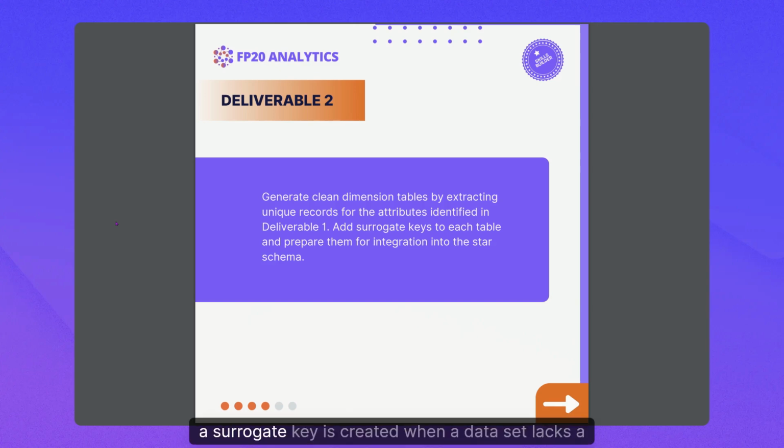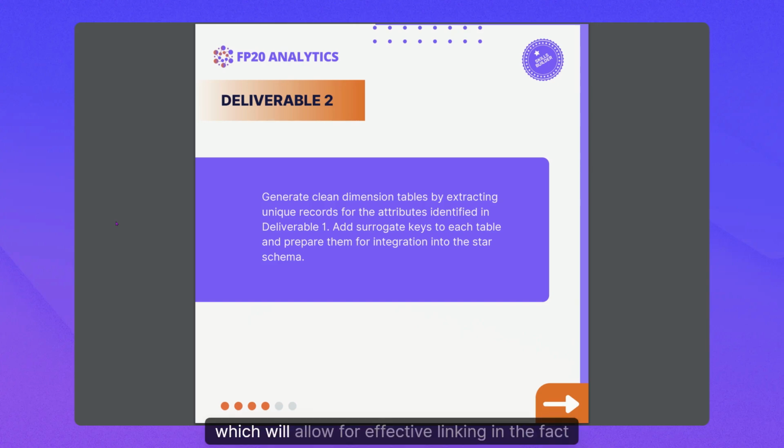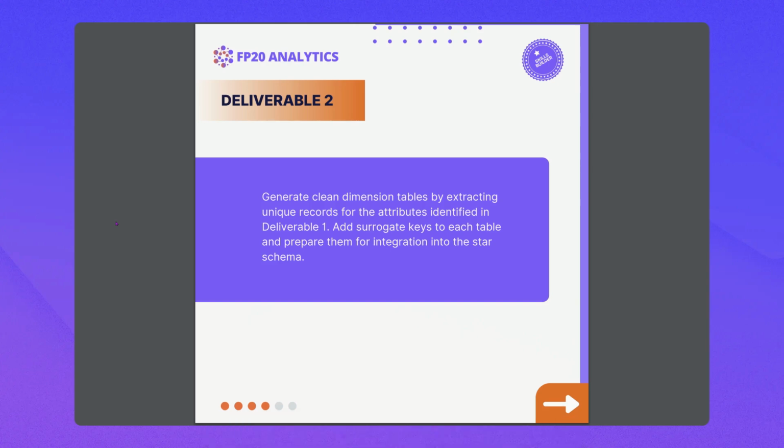In contrast, a surrogate key is created when a data set lacks a natural primary key, often seen in flat files without unique identifiers for attributes, like campaign and device. Surrogate keys ensure consistency as data sets grow. We're going to use Power Query to add surrogate keys for dimensions such as campaign, client, and device, which will allow for effective linking in the fact table in our other deliverables.